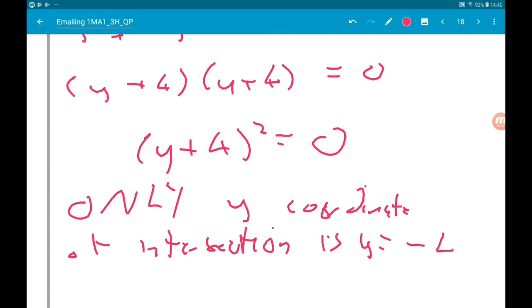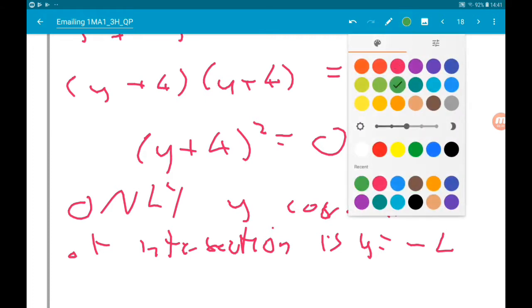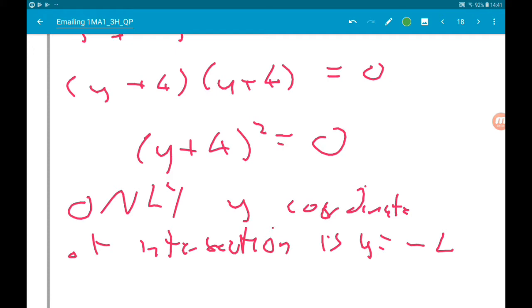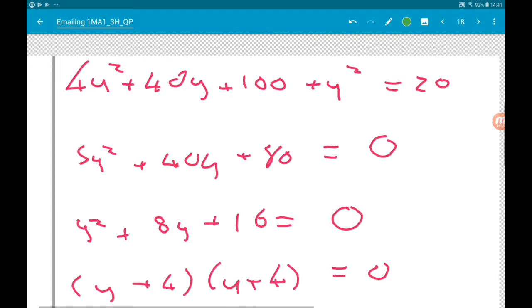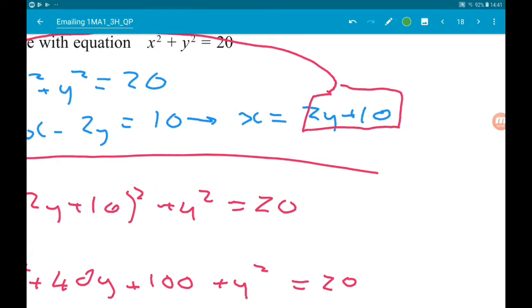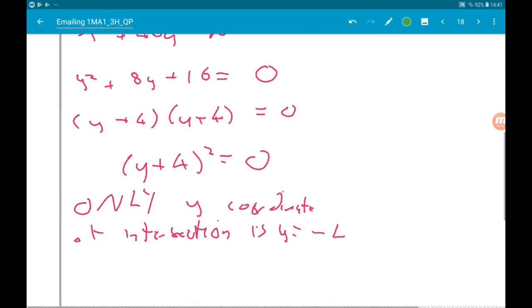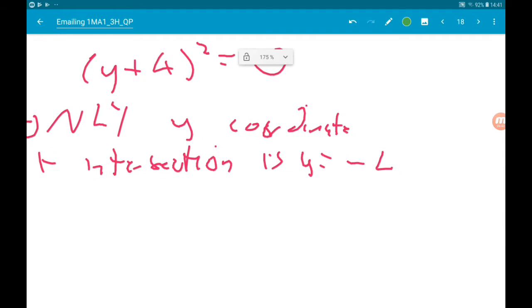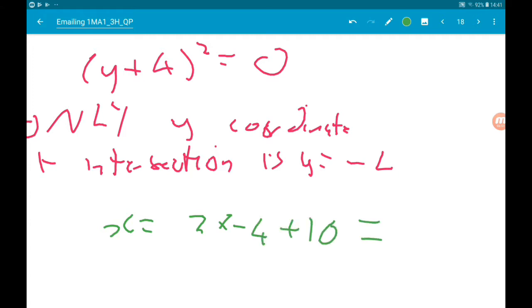What I'm also going to do is find the x coordinate too, because it's good practice. So remember that we know that x is 2y add 10, so the x coordinate is 2 times minus 4 add 10, which is minus 8 add 10, which is 2.